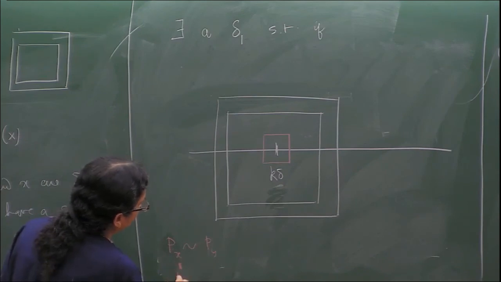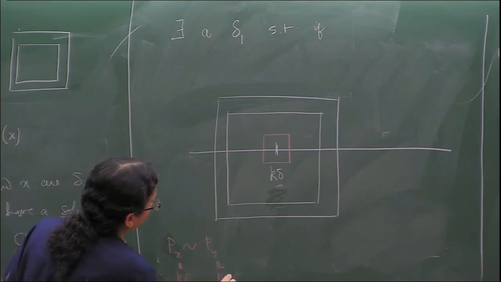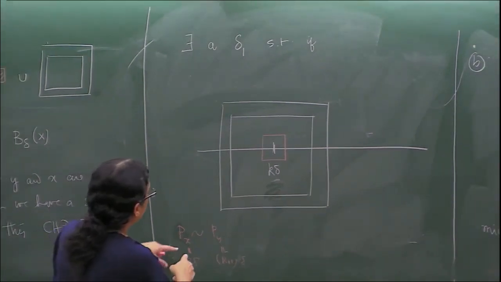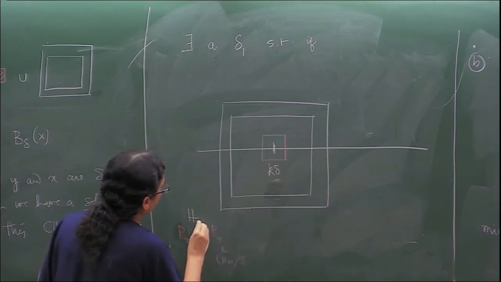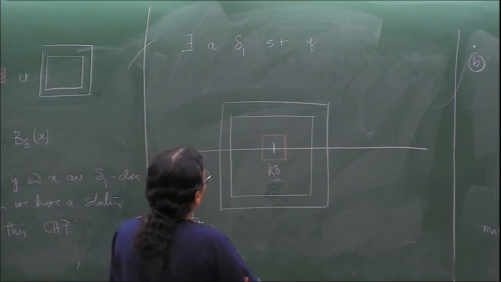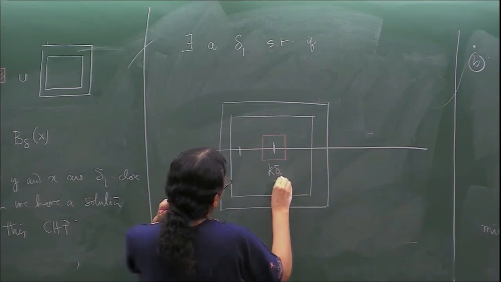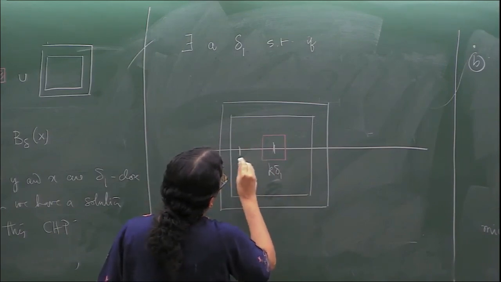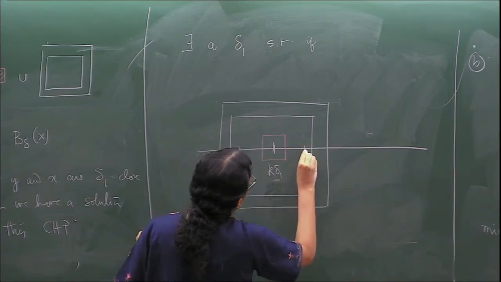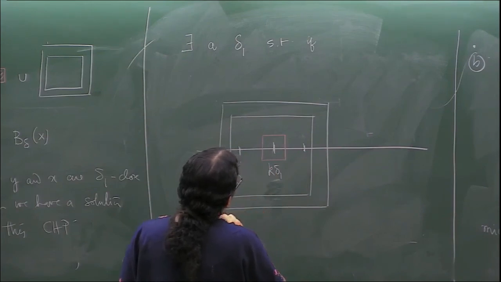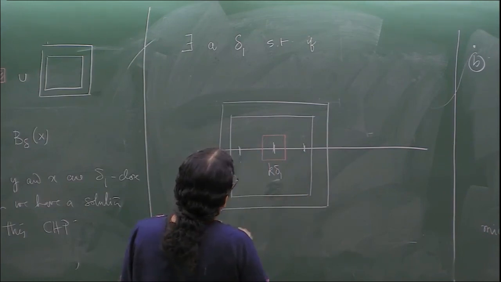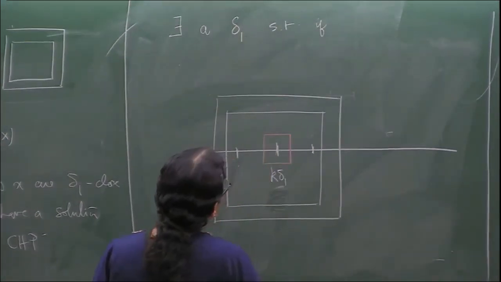So I will take X to be some K delta and this to be K plus 1 delta, or maybe delta by 2, whatever. So here, suppose this is my homotopy, HT. Suppose this is delta 1, sorry.